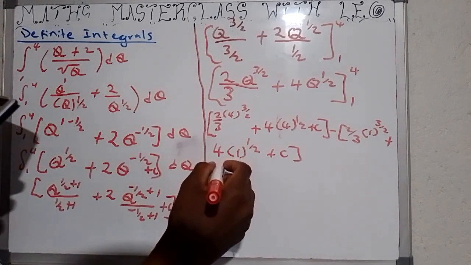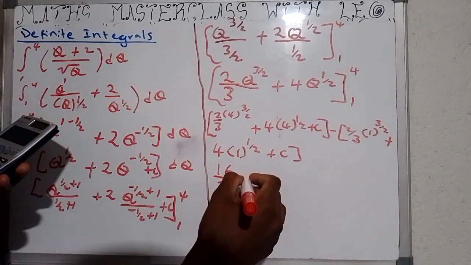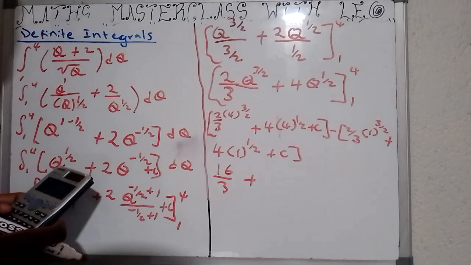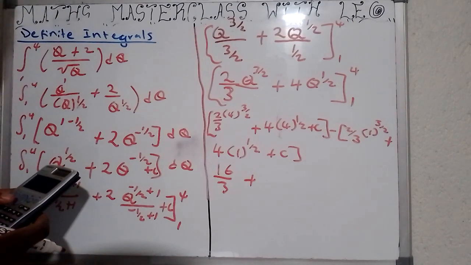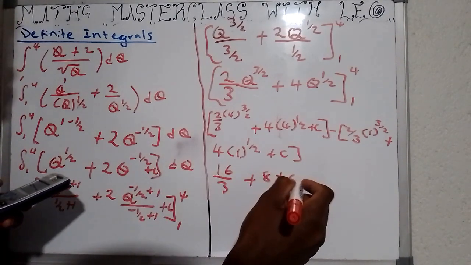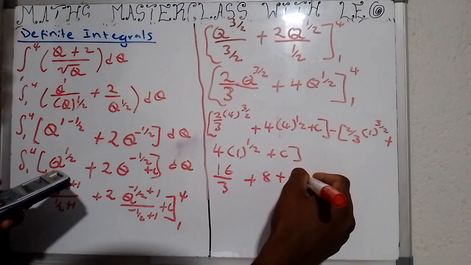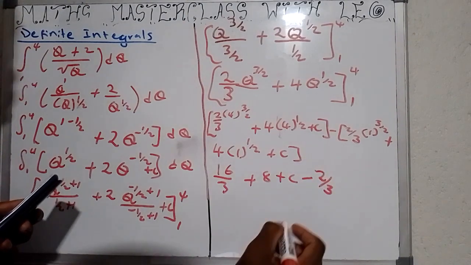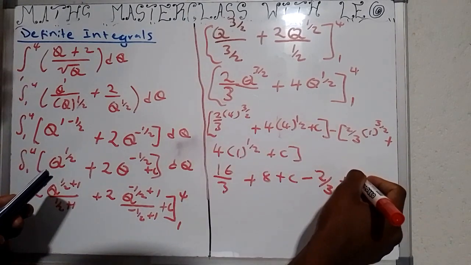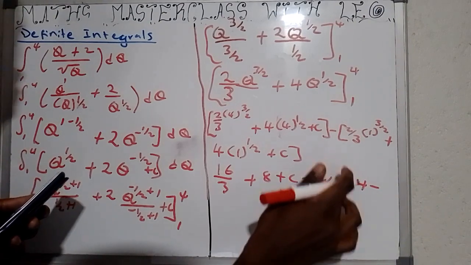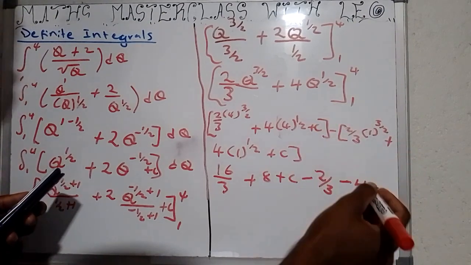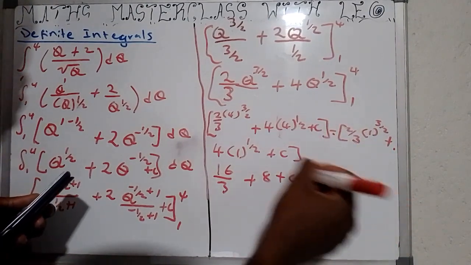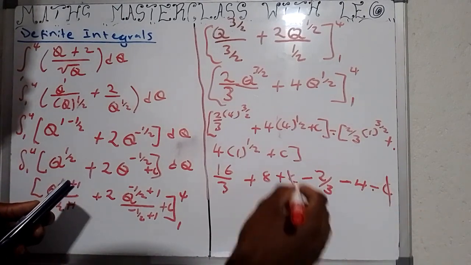I'm getting 16 over 3, plus, when I say 4 into 4 to the power 1 over 2, what am I getting? 8 plus C, and then this will give me negative 2 over 3, and then it's going to be negative, positive, and negative. Then minus C. This cancels.